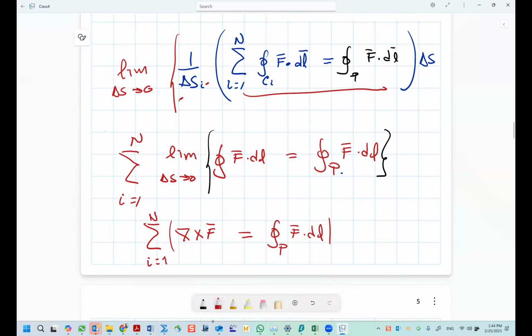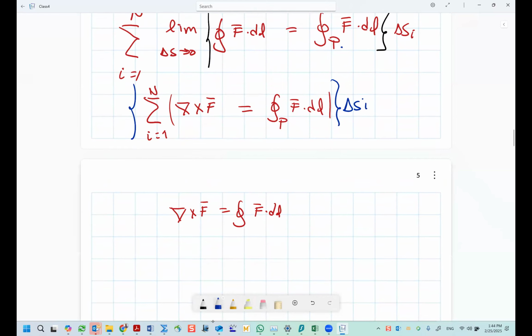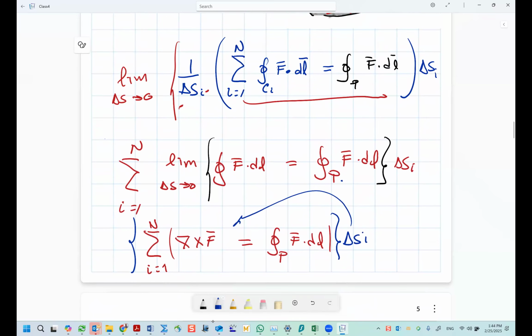Then I am still multiplying here by delta Si, and I am still multiplying here by delta Si. All right. Okay. So then I am going to put it in here. See, I put all these things together like that.